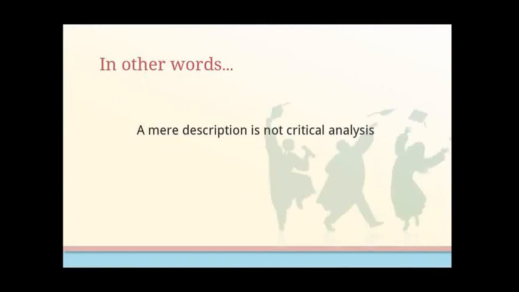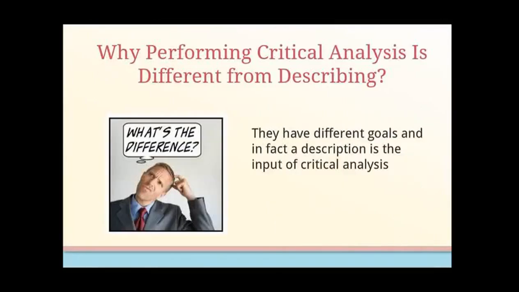And here we have a pivotal idea to remember. Describing a work is not performing critical analysis. A description is in fact the first step to do critical analysis, and that includes the interpretation of that description.